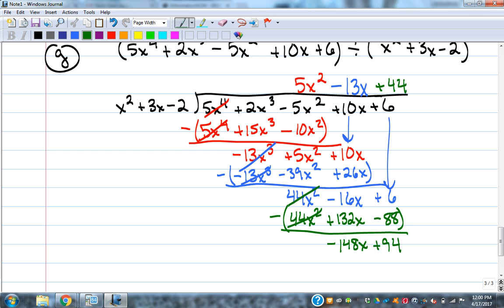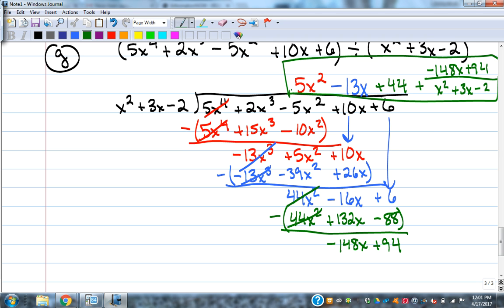There's nothing I can multiply x squared times and get a plain x out of it. x squared times anything is going to give me something with x squared at least. So I know that's a remainder. So the remainder, negative 148x plus 94, goes over what I divided by. That's the quotient, or answer to our division problem.